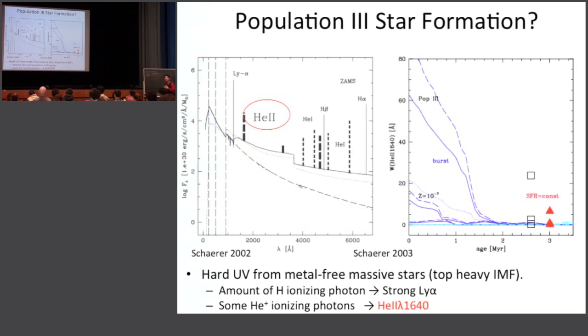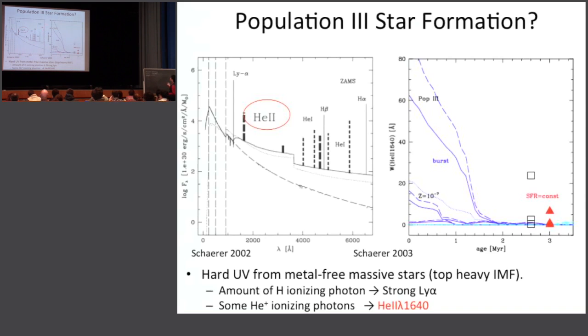Such young massive stars produce very hard ionizing photons exceeding 54 electron volts, and that makes the helium plus ionized, giving the helium-2 emission lines.